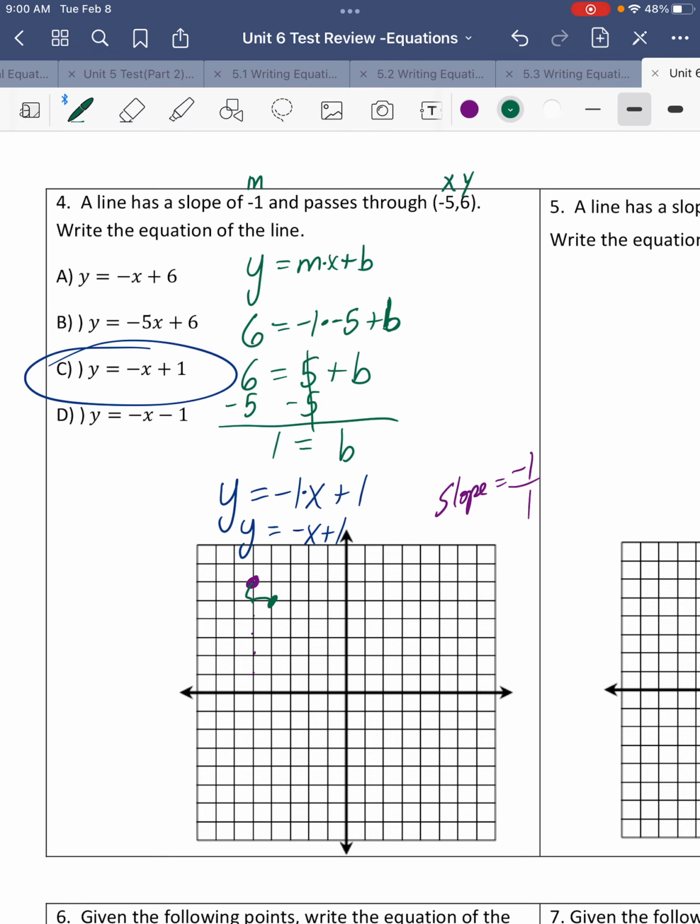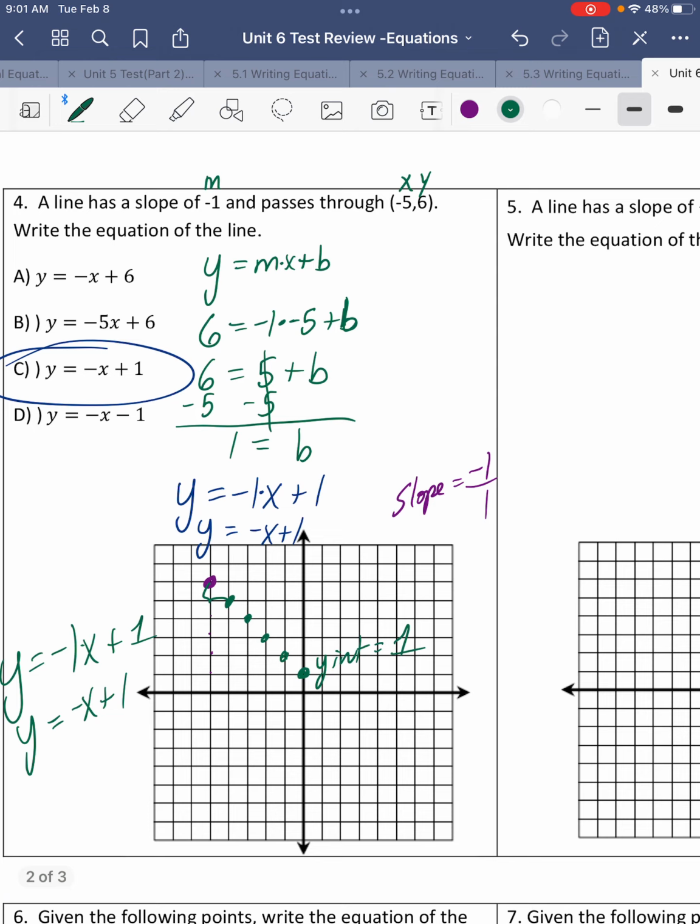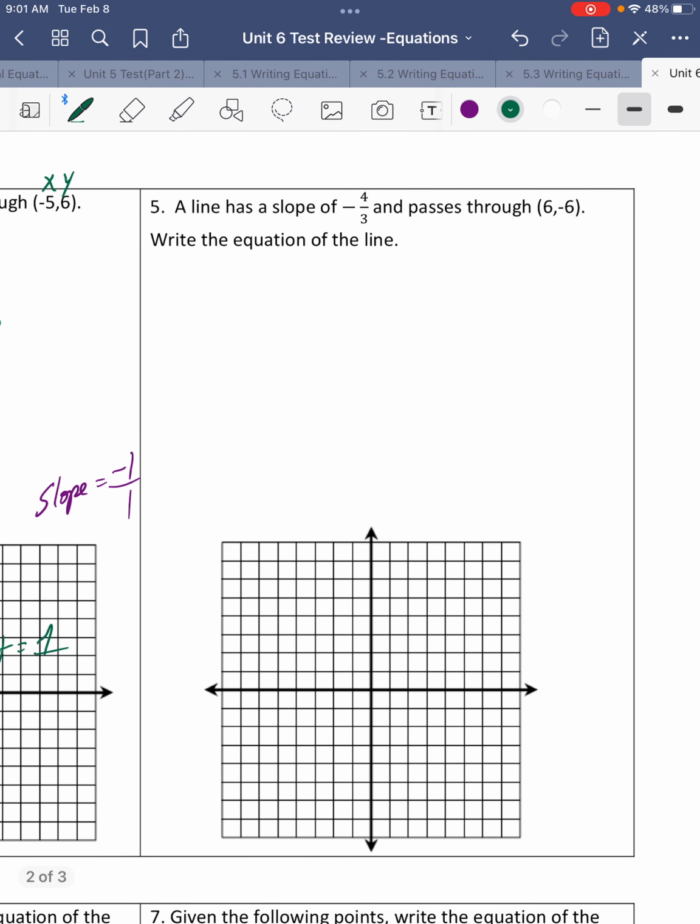So go down 1, right 1, down 1, right 1, and so on, until you get to the y-axis. So the y-intercept is 1. So you have your equation, y equals negative 1, x, that's your slope, plus 1. And then negative 1 times x is just negative x. So you can get it that way also.